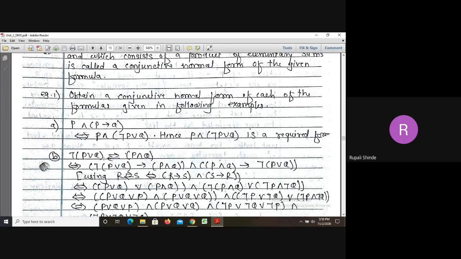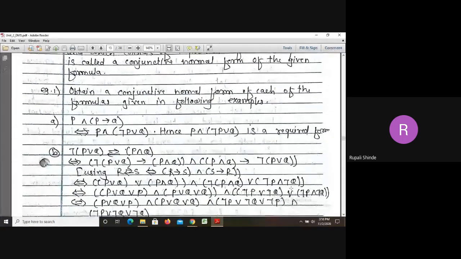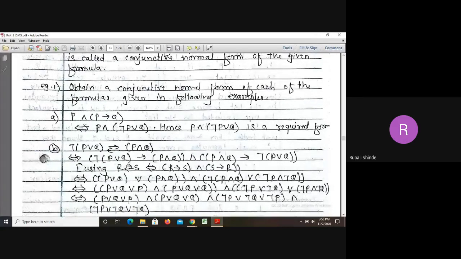If you remove the conditional, you get P or Q or P and Q. This is the first bracket. For the second one, if you remove the conditional, then negation of P and Q or negation of P and negation of Q. This is our second bracket. We applied the given formula and after that removed the conditional.